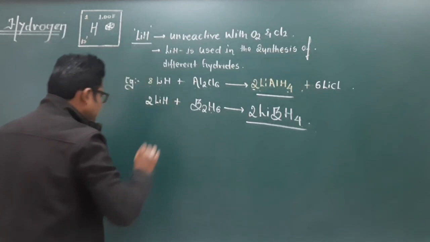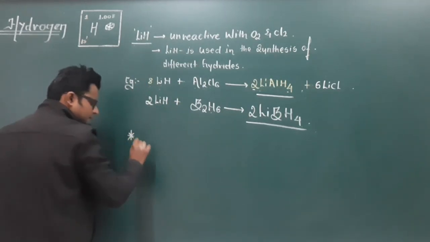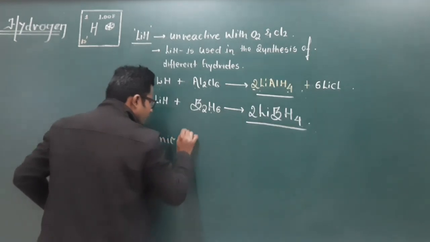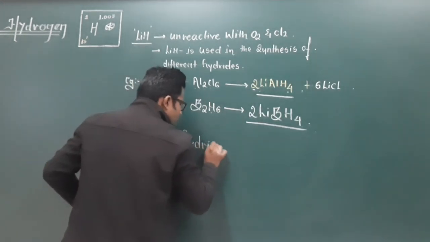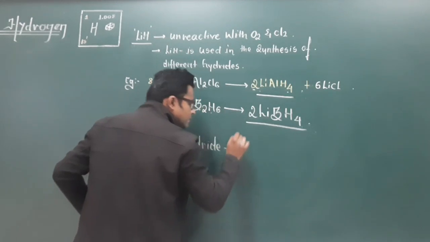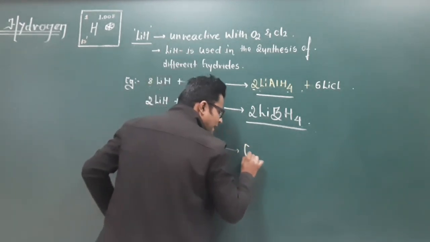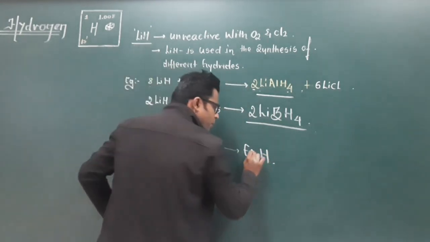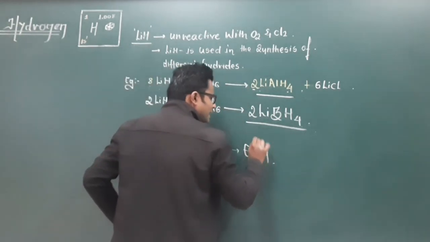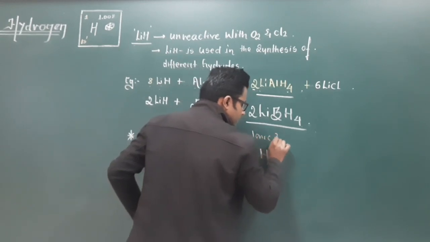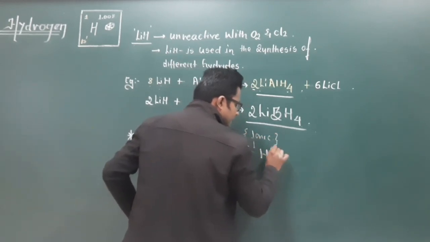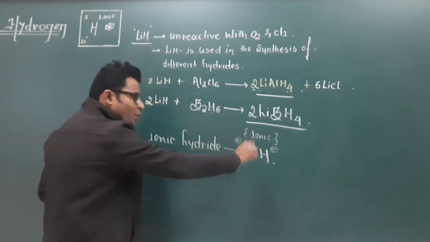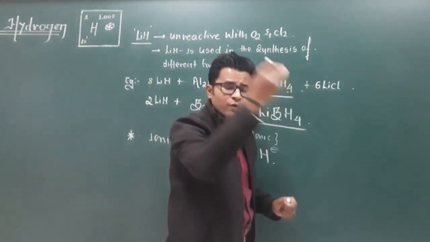Now, one more important thing that we have to discuss here is that whenever we see the ionic hydride, we had considered the bond between the element and hydrogen to be ionic, due to which it was generating charges. Now, it is not true for all the elements of the s block.